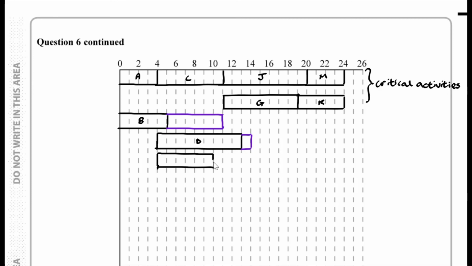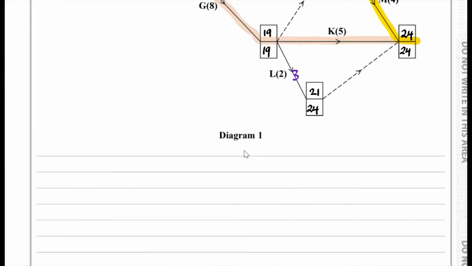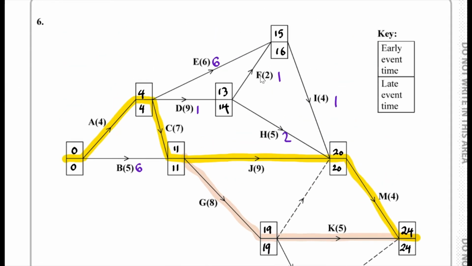So this over here is E. And then we have 6 left over. So we have 1, 2, 3, 4, 5, 6 as left over here. So that's that. Okay.